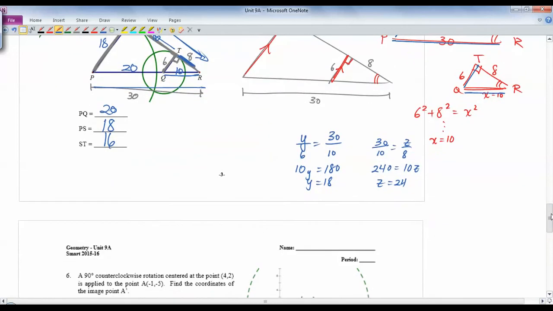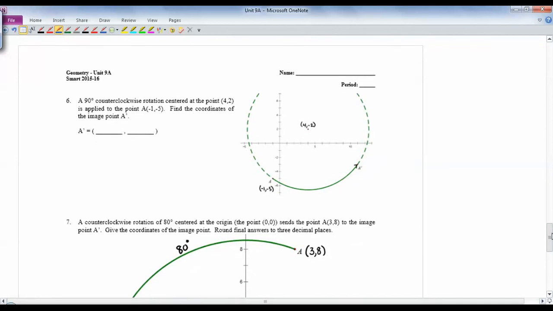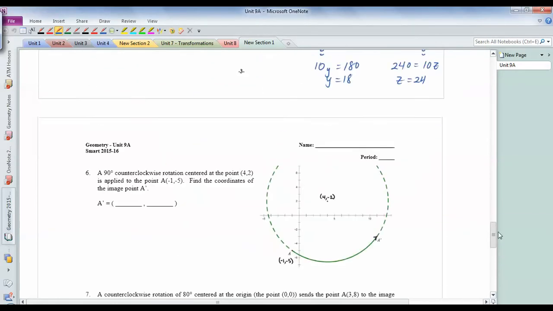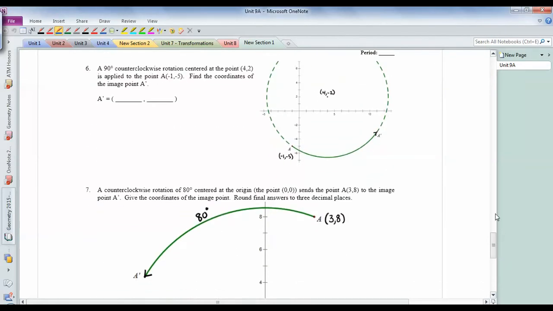All right, let's see what else we got here. Okay, so let's take a look at number 6, which deals with rotation problems, 6 and 7. So let's see, 6. We got a 90-degree counterclockwise rotation centered at this point, 4, -2, and it's applied to the point -1, -5.